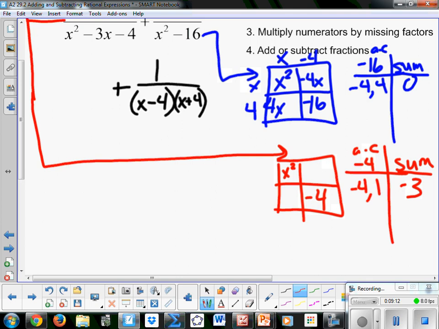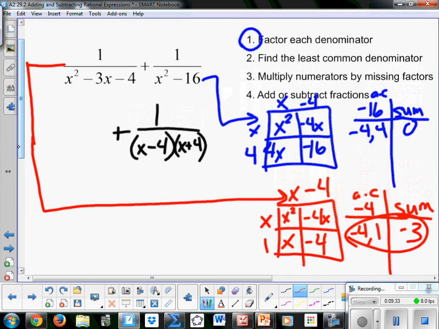Well, there's negative 4 and 1. Well, that just happens to work out nicely. So we've got negative 4x that goes in the box and x. Common factors x, negative 4, x, and 1. Okay. So this over here, we're going to rewrite our denominator, or this fraction in general, as 1 over x minus 4 times x plus 1.